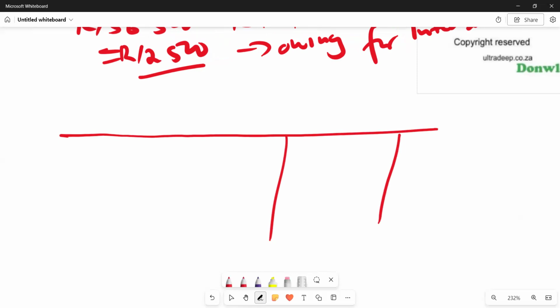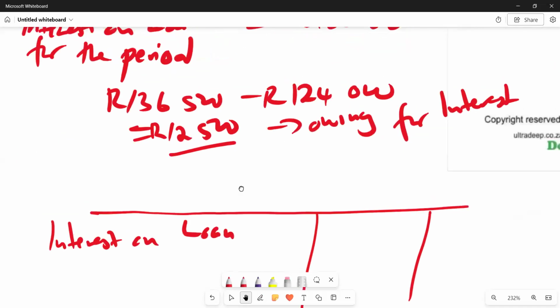And when you say interest on loan, we know that the total amount of that interest is going to be 136,500. That's the interest for the period. So you are going to put your 136,500. But by providing, now in brackets, we are supposed to show that there's something that is owing for 12,500.